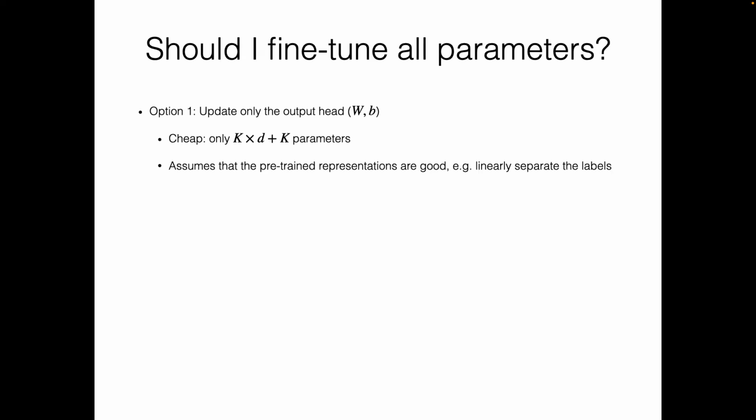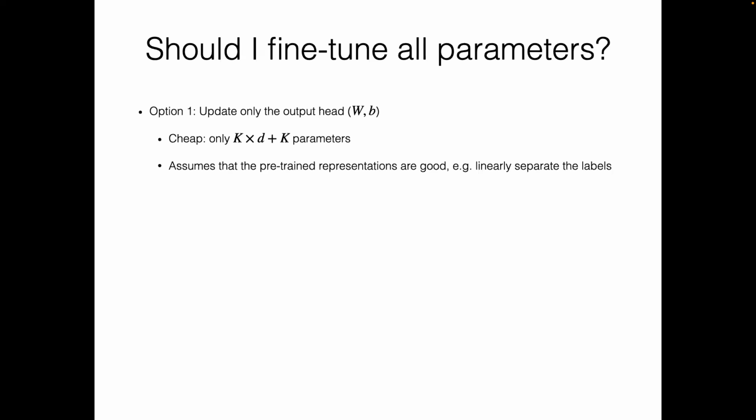We only have to compute and store the gradients for this one layer. So it'll be k times d plus k parameters. And so potentially you could do that with very few computational resources, like on a laptop or on a single GPU.